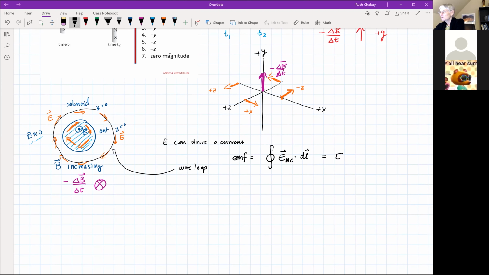This would just be the magnitude of E times the integral of dl, which gives us E times 2 pi r, the circumference of this loop here. So we can calculate the magnitude of the electric field, and therefore we could actually do, if we can get the EMF.